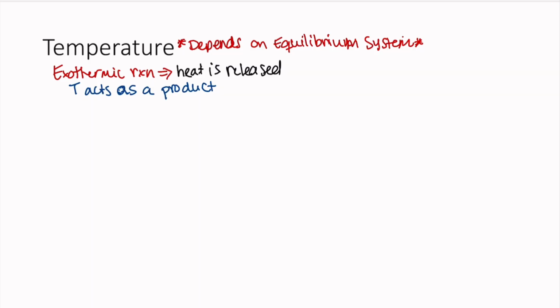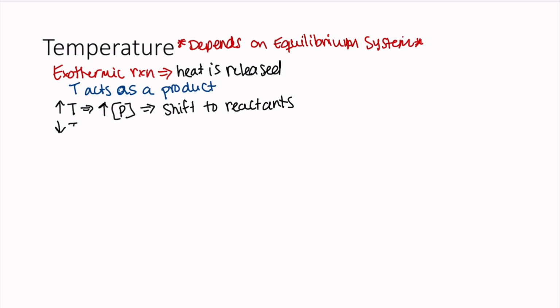And then we can look at it in terms of concentration. So if we increase our temperature, it is essentially as if we are increasing our products. And just like with concentration, we would see a shift to the reactants.